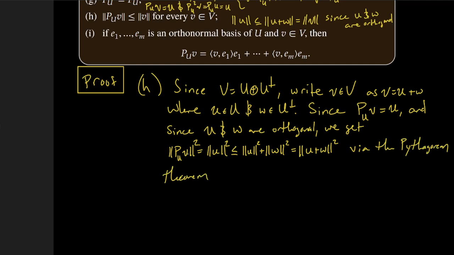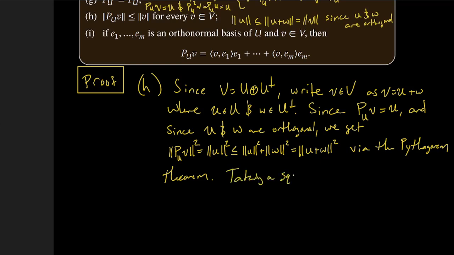So notice, all I'm saying is that the norm of P_U of v squared is equal to the norm of u squared, and that's certainly less than or equal to the norm of u squared plus something that is not negative. Okay, so since this is norm u squared plus norm w squared, and u and w are orthogonal, that is equal to the square of the norm of u plus w via the Pythagorean theorem.